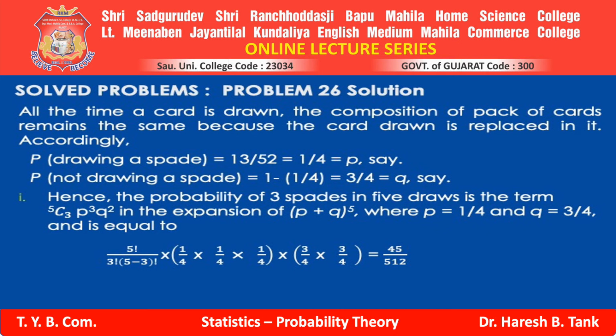Where P is 1 upon 4 and Q is 3 by 4, which is equal to 5 factorial divided by 3 factorial multiplied by 5 minus 3 factorial, multiplied by 1 upon 4 multiplied by 1 upon 4 multiplied by 1 upon 4 multiplied by 3 by 4 multiplied by 3 by 4. Simplifying it, it comes to 45 upon 512, and that is the required probability.